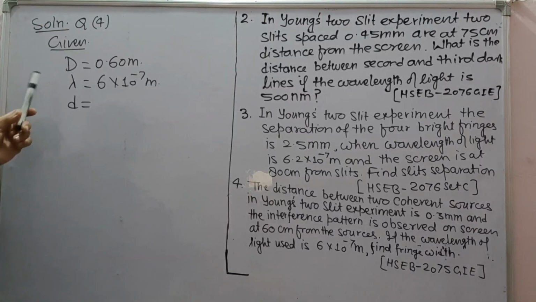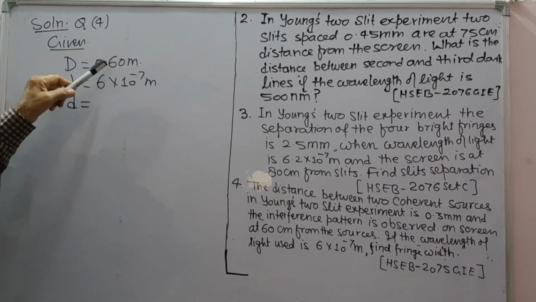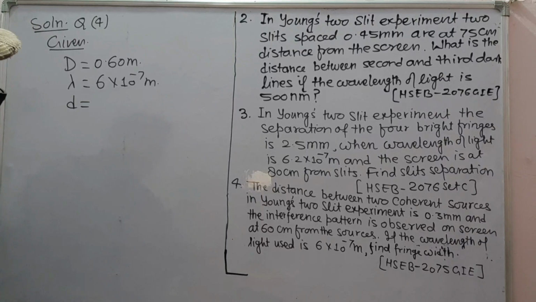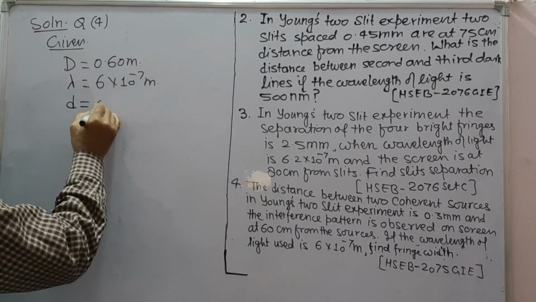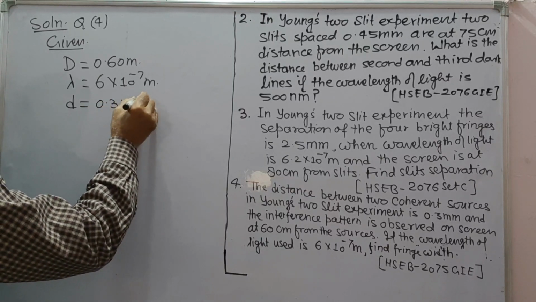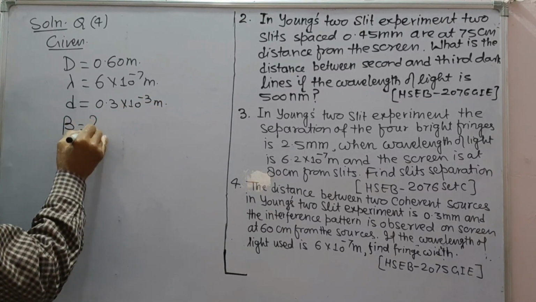Here is the solution. Capital D is 0.6 meter. Wavelength lambda is 6 into 10 to minus 7 meter. Slits separation is 0.3 millimeter, meaning 0.3 into 10 to minus 3 meter. We have to find the fringe width.